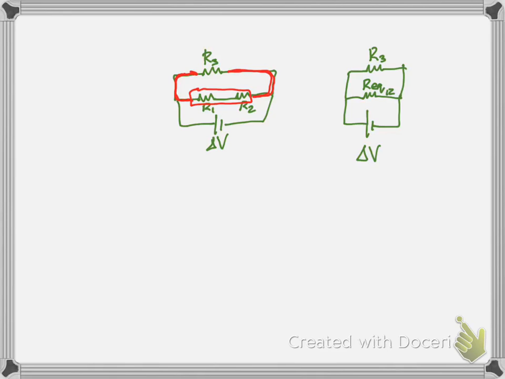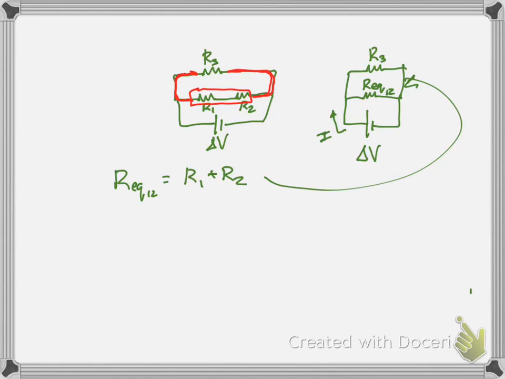And so if we wanted to, for circuit analysis reasons, figure out, for instance, how much current is being drawn from the power supply, we could go one step further and say, okay, R equivalent 1,2 is equal to the two in series, which add. And then that circuit has the equivalent of the whole circuit, which is these two, I'm pointing, you can't see.